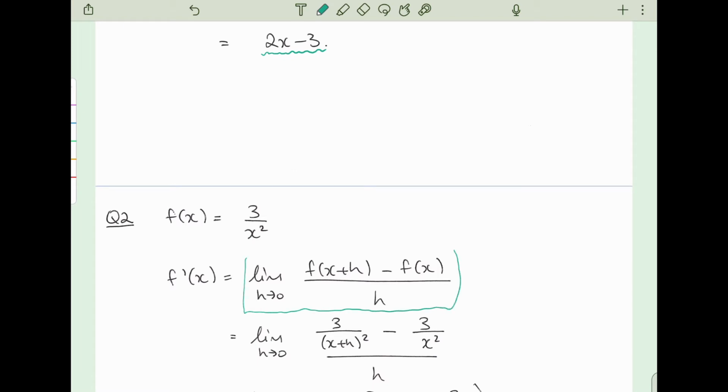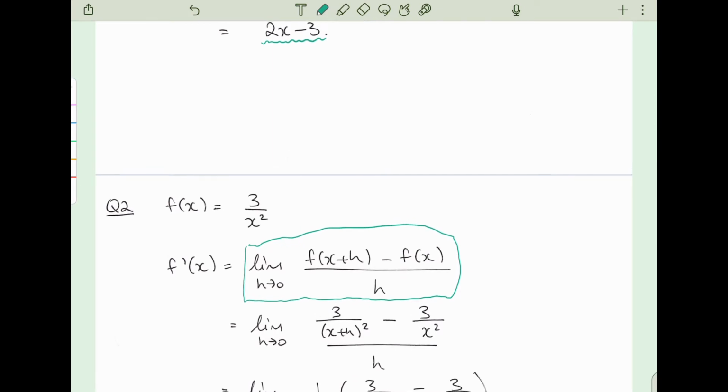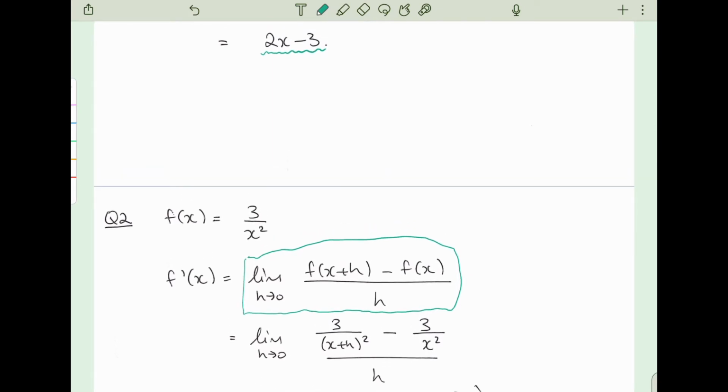Even though you don't know how to do the following, always write down the formula. You may be able to get some marks in your exam. And then we're going to plug in, replace the x with x plus h. So we get this difference of two fractions on the top expression divided by h.